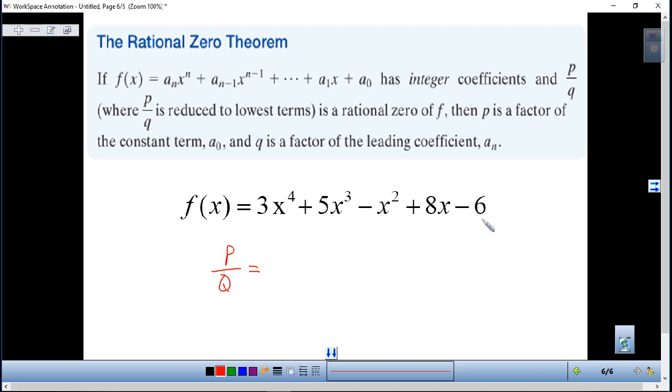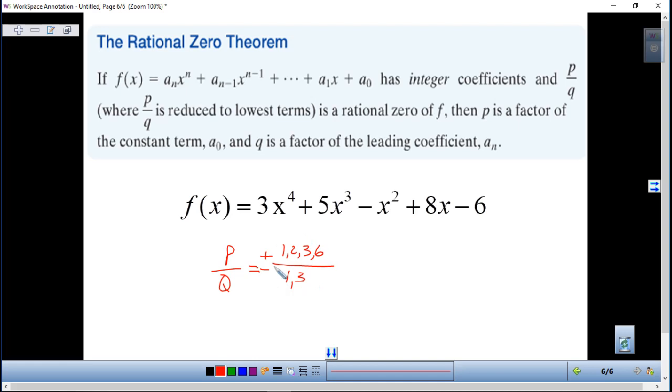Now what that means is we've got to look at all the different factors of -6, or just 6 in general, because we're going to do a plus or minus anyway. So what are all the numbers that are factors of 6? Well, we've got 1, 2, 3, and 6. What are all the factors of 3? 1 and 3. Now we're going to do plus or minus on all these.